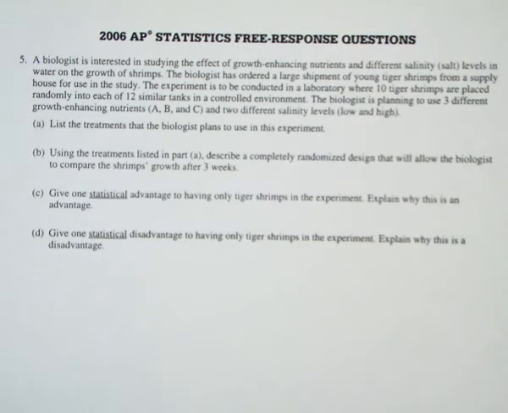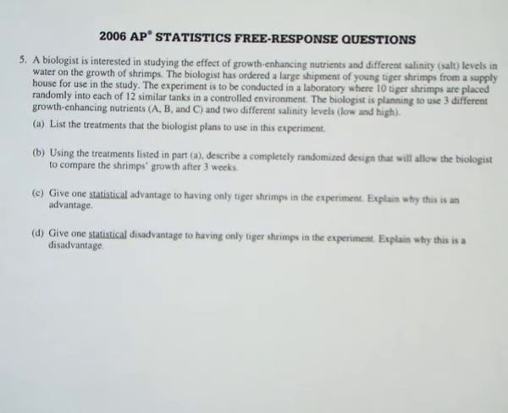And then the next question gives one statistical advantage of having only tiger shrimps in the experiment. Okay, so what is that? Well, using only tiger shrimp will reduce the source of variation in the tanks of shrimp in this experiment. By eliminating the possible source of variation, types of shrimp, we are better able to isolate the variability due to factors of interest to us, like nutrient and salinity level, on tiger shrimp, but not on all shrimp.